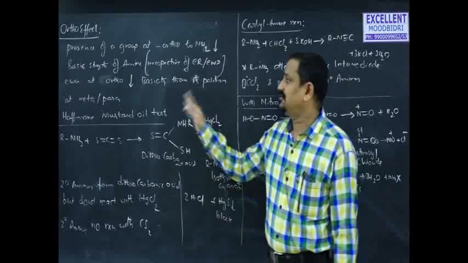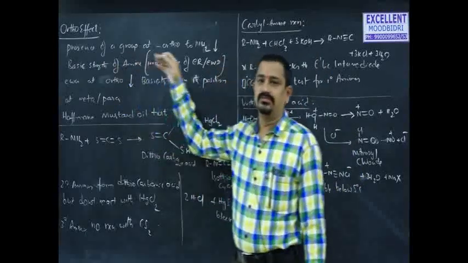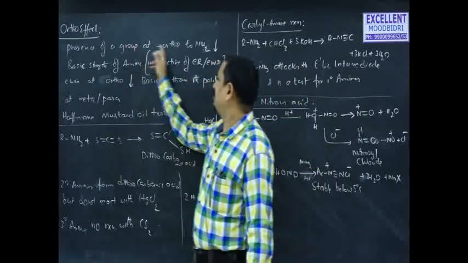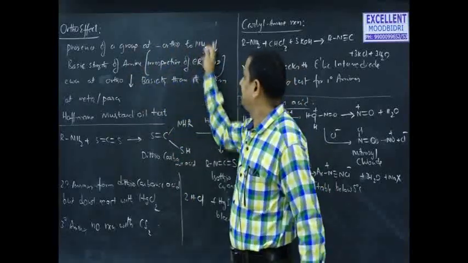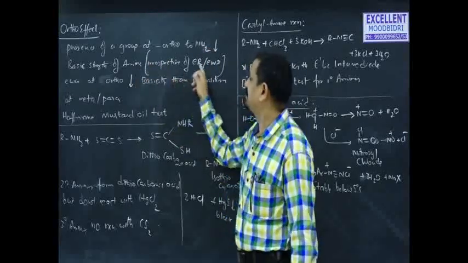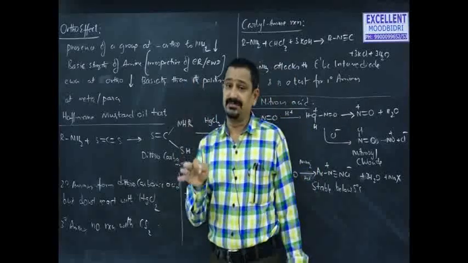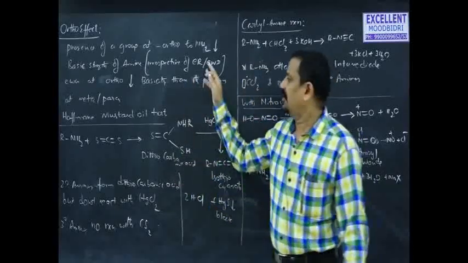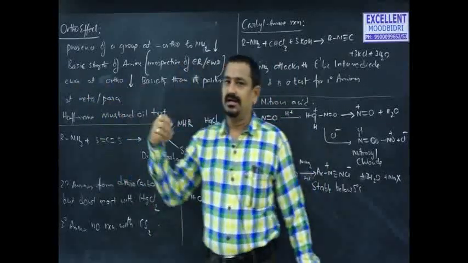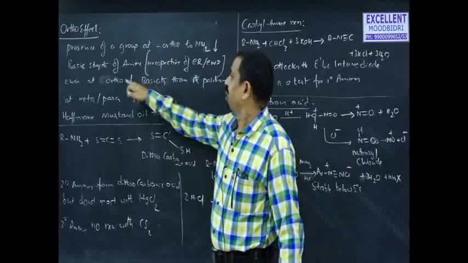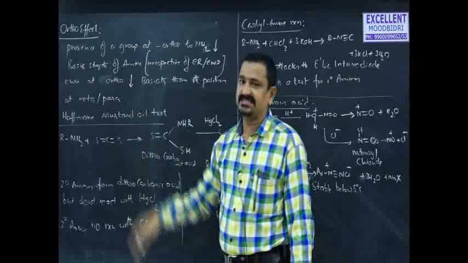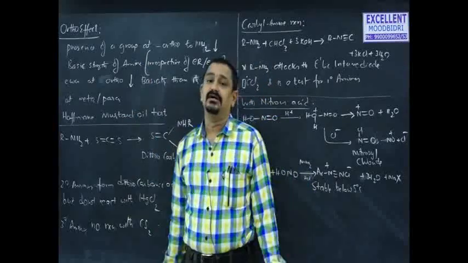Ortho effect is the presence of a group, which may be electron releasing or withdrawing, at ortho to NH2 that decreases the basic strength of the amine, irrespective of whether it is electron releasing or electron withdrawing. Usually an electron withdrawing group destabilizes, right? But whatever group is present at this ortho position, it decreases the basic strength of the amine. That is the point called the ortho effect.